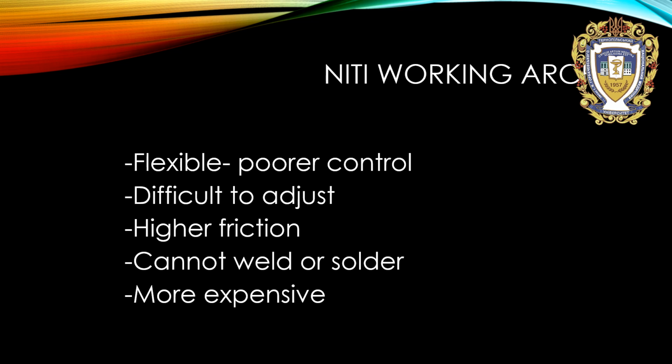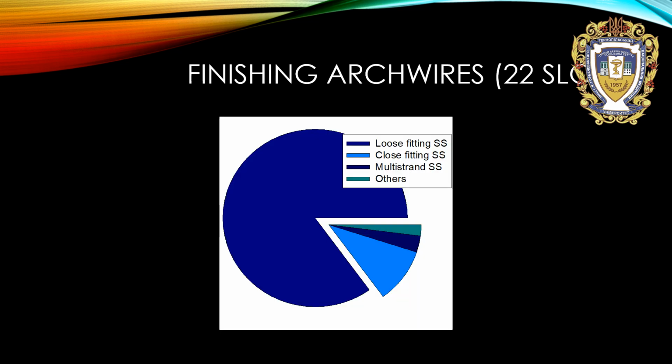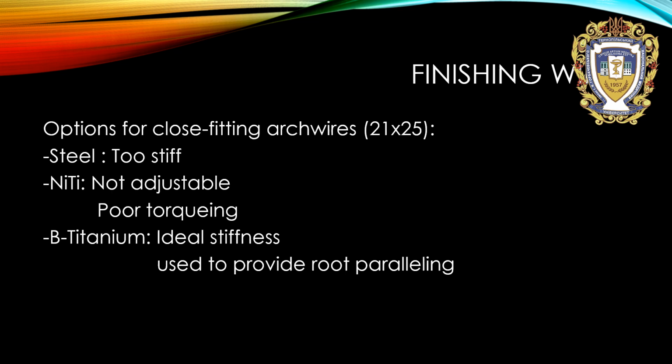But NiTi working archwires are flexible, give poor control, are difficult to adjust, have higher friction, cannot be welded or soldered, and are more expensive. And finishing archwires. Options for choosing finishing archwires: for a 22 slot, it is size 21x25. Steel is too stiff, NiTi not adjustable with poor torquing, better titanium, ideal stiffness, used to provide root paralleling.